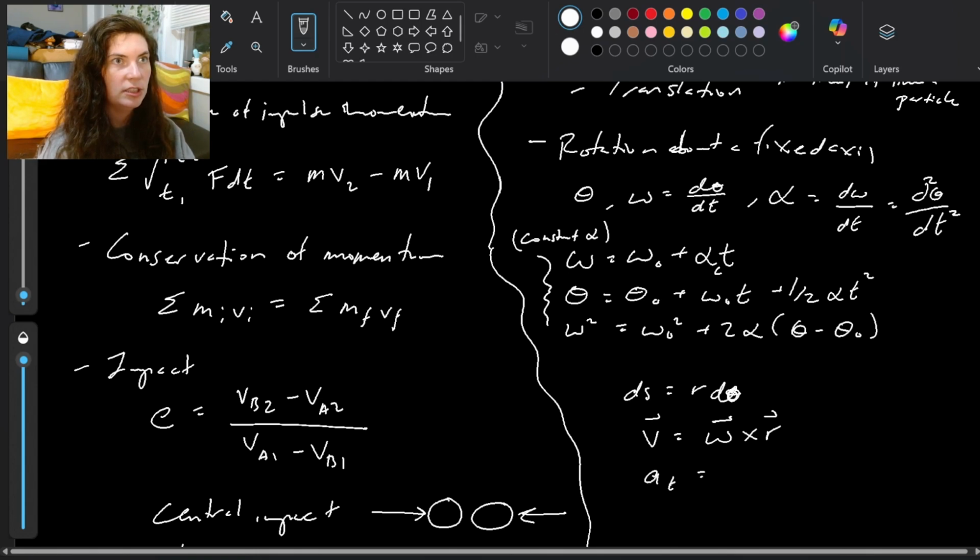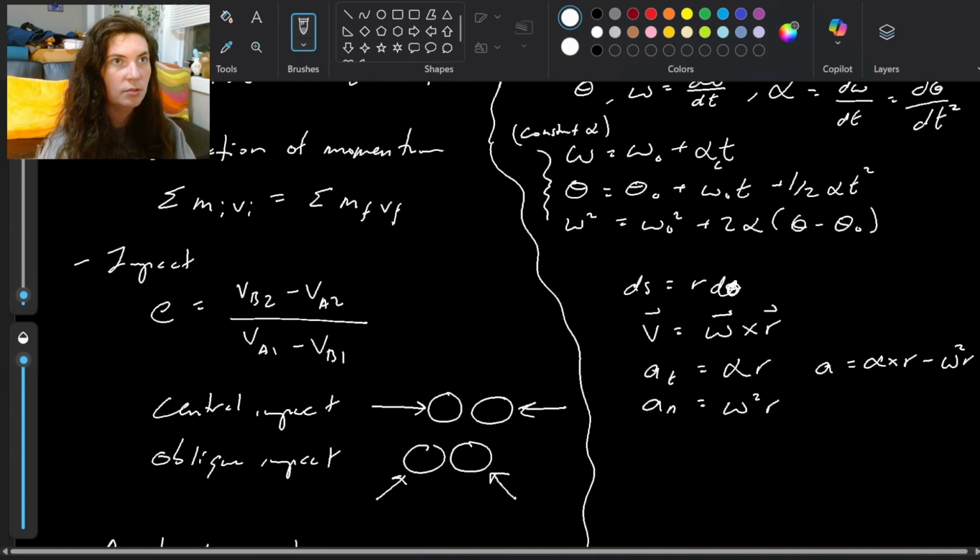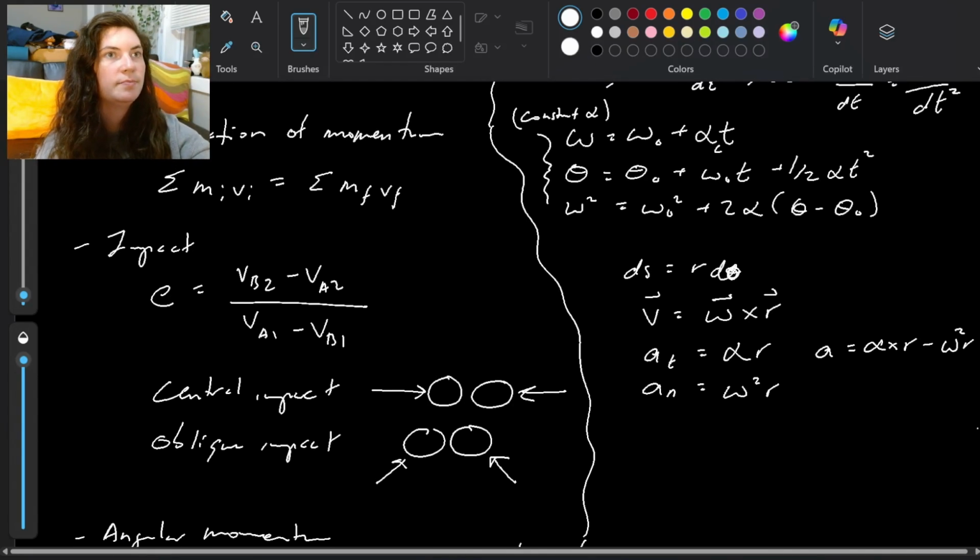Tangential acceleration is angular acceleration times r. Normal acceleration is omega squared times r, and we can put those together for acceleration equals alpha cross r minus omega squared r for rotation about a fixed axis. So it was really applications of all of those different equations, all of those relationships together.